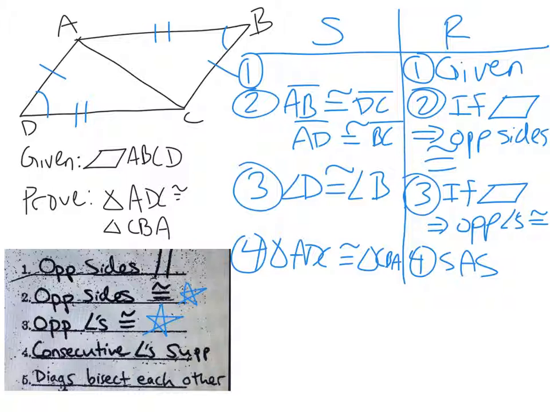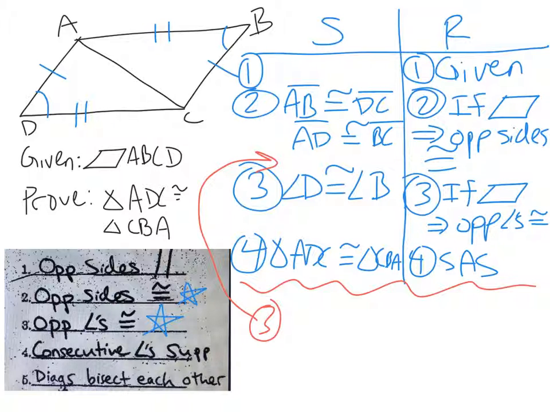I like it. Now, could I have gone a different direction? Some of you might have thought initially, hey, what if I just said, so this would be like a separate proof, I could do steps 1 and 2, but a new step 3 could have been that AC is congruent to itself, and that would be by the reflexive property.